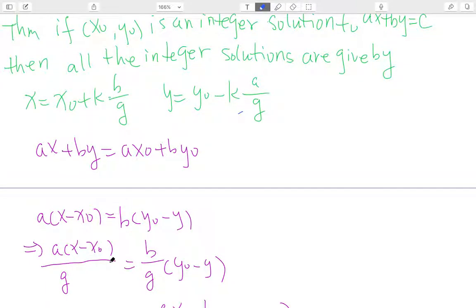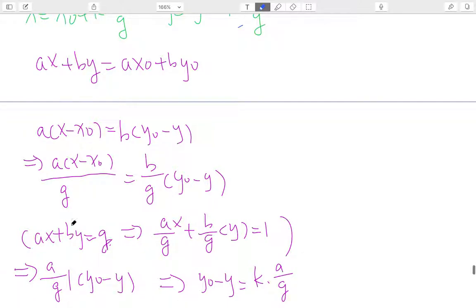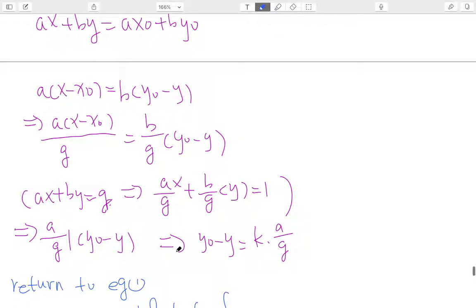And then you just rearrange the expression and divide g at both sides of the equation. Since a over g and b over g are actually relatively prime, here is a proof. And then you can get what we are going to show.